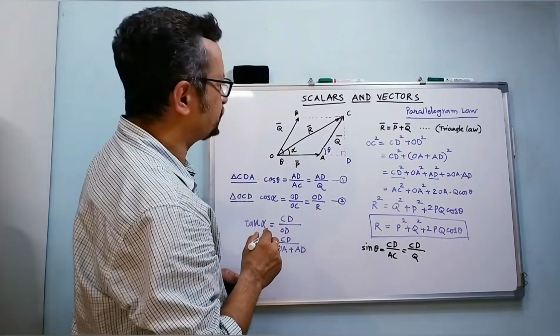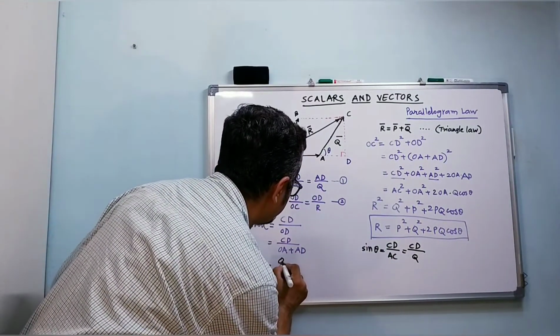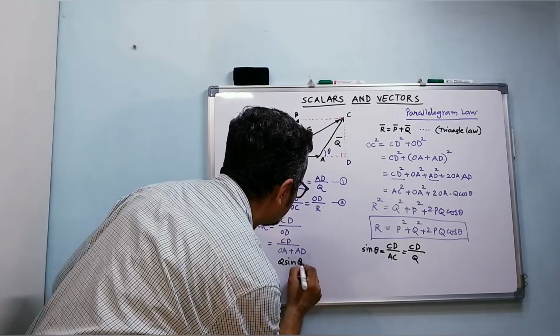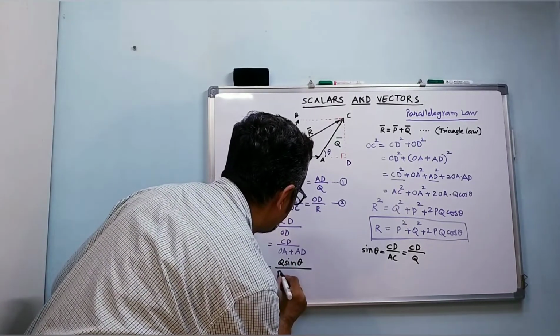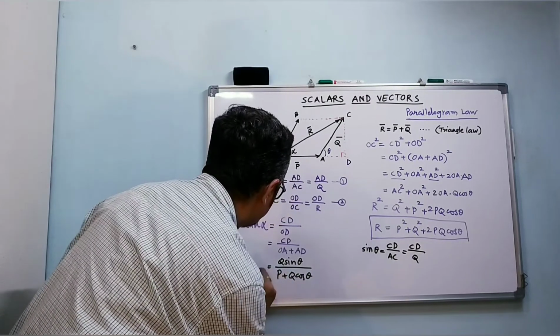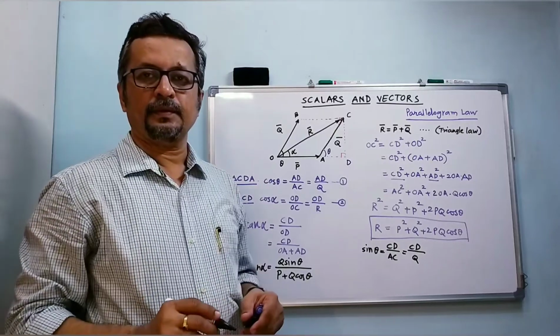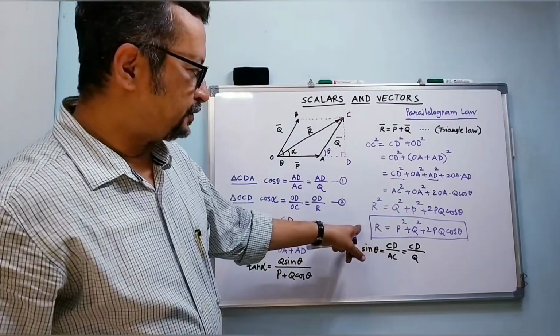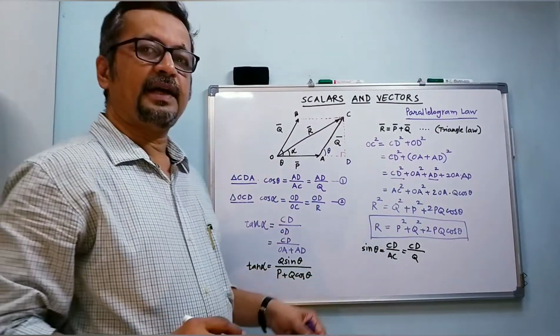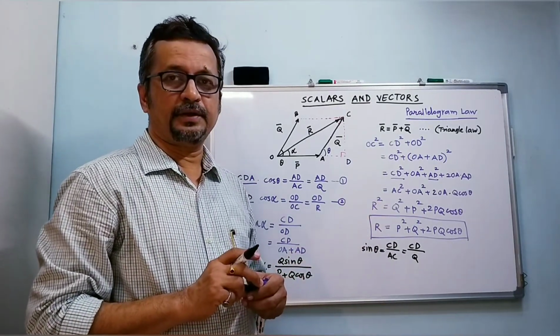I am just going to substitute that there: Q sin theta upon P plus Q cos theta. This is my tan alpha. So I have magnitude here and I have direction here. So that is the parallelogram law of vector addition.